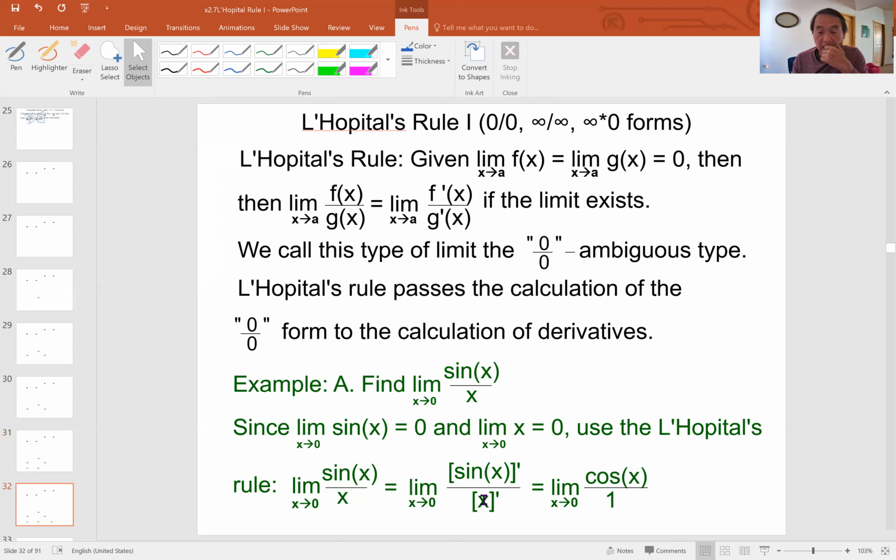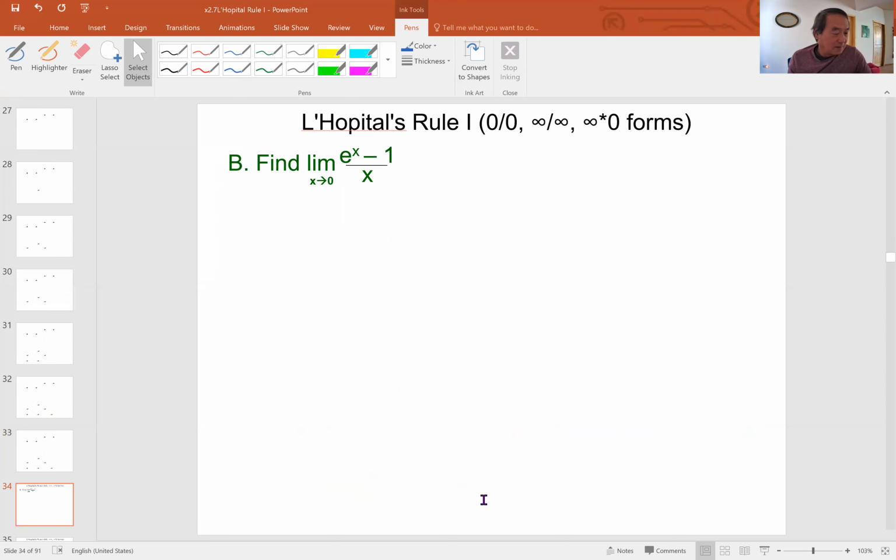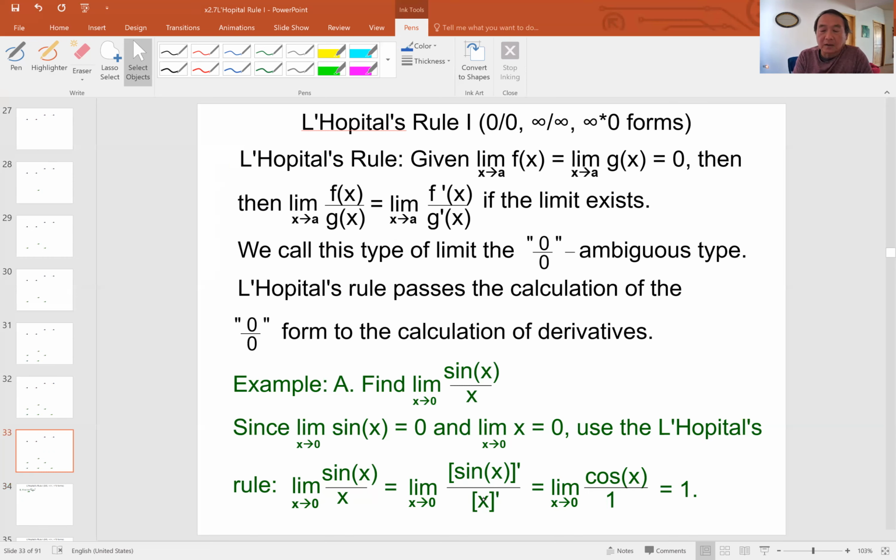The slope for the top, sine x, is cosine x, which at 0 is 1. So the limit of this is 1. Therefore, if I apply L'Hopital's rule on this important formula, I get it in one step.